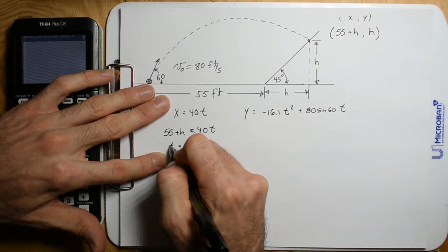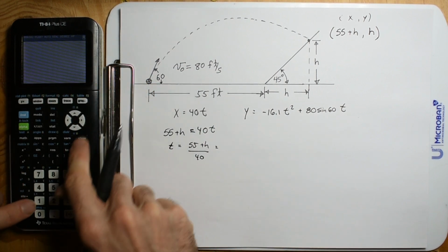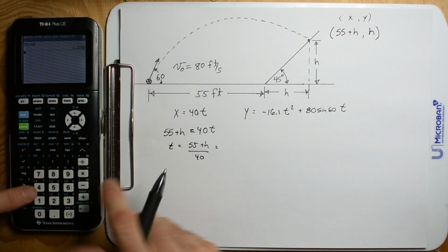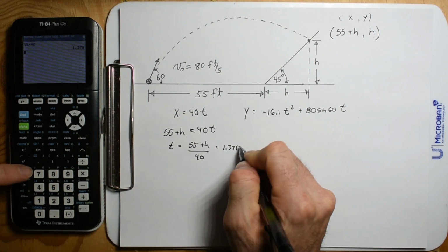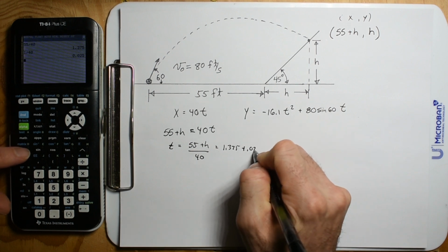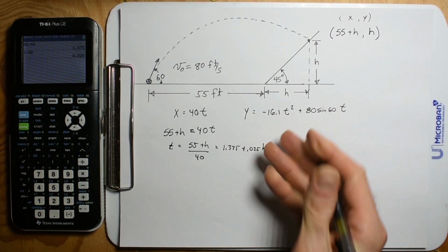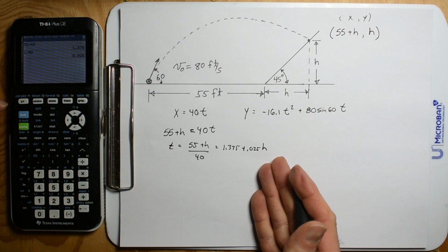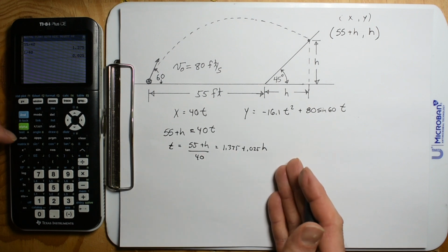I probably should have just done this, but now 55 divided by 40 is going to be 1.375, and 1 divided by 40 is going to be plus 0.025h.